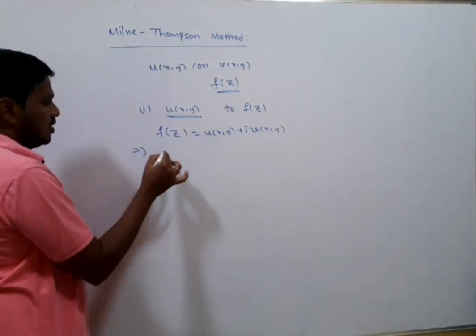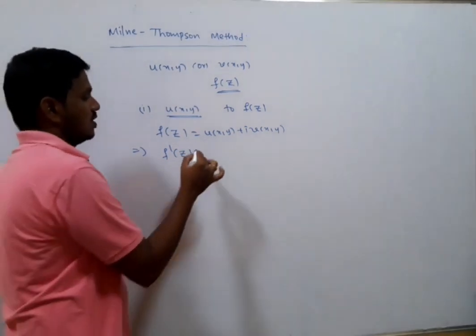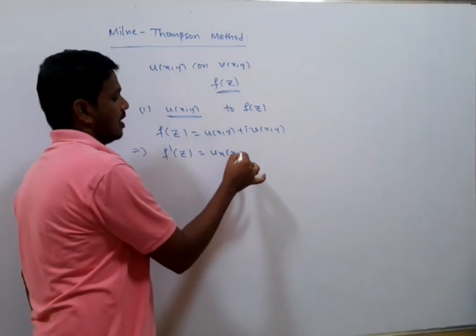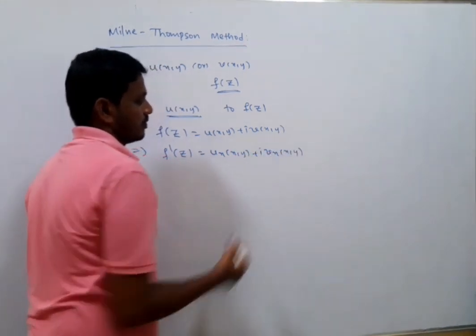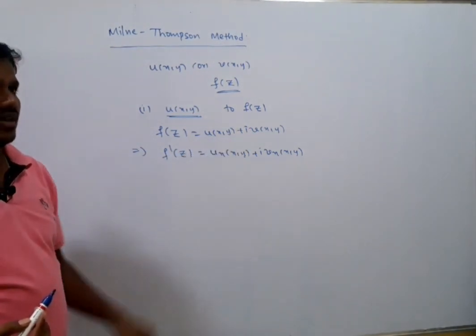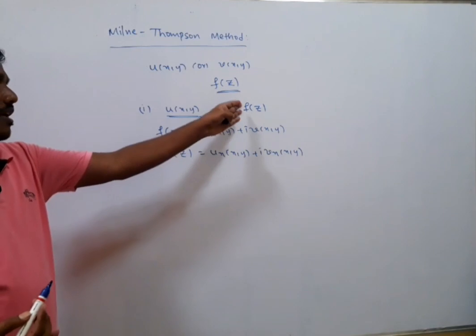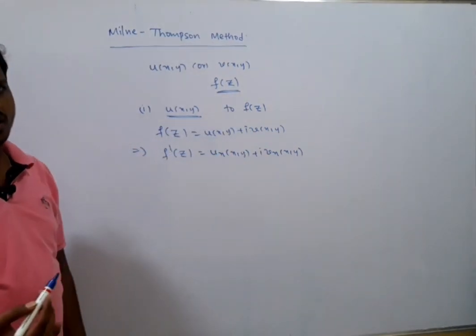But the derivative also, you know from the CR equations, we write f dash of z is equal to ux of x comma y plus i vx of x comma y, that is the partial derivative of u. Since f of z is satisfying the CR equations, you can replace vx.